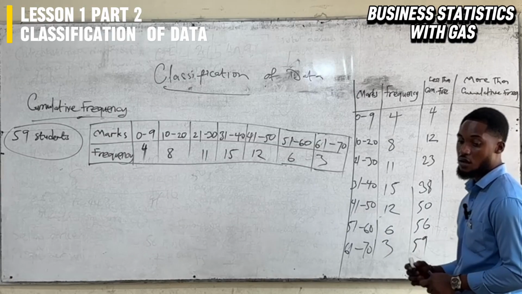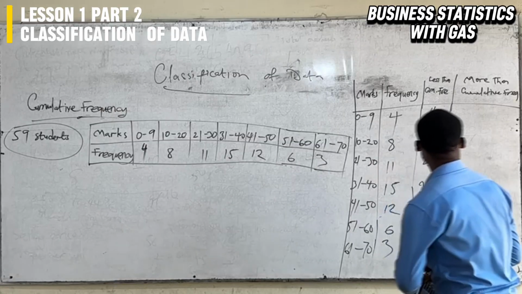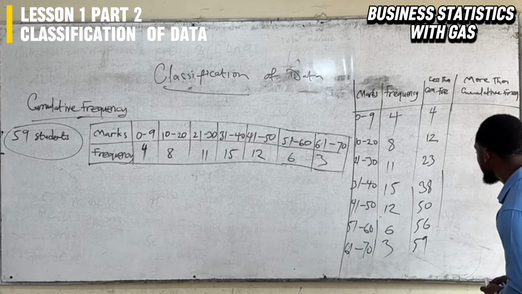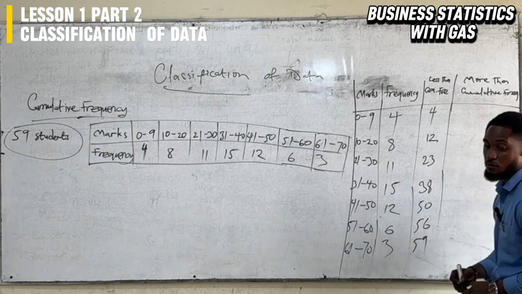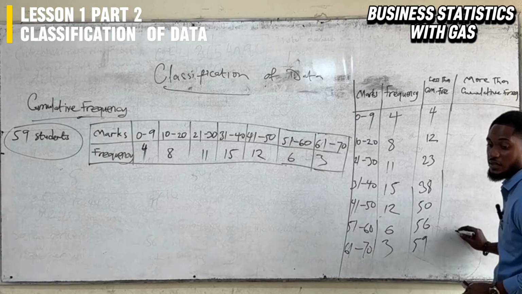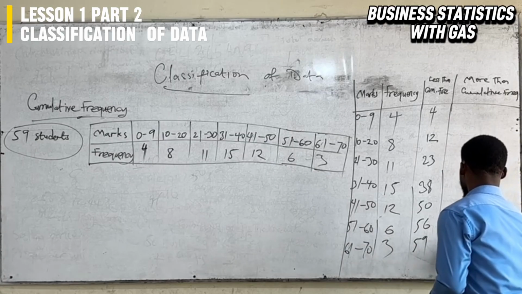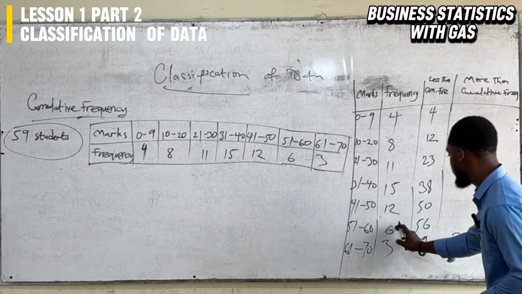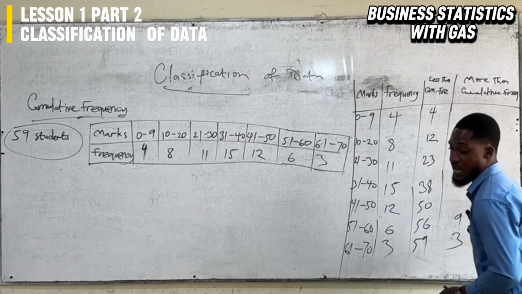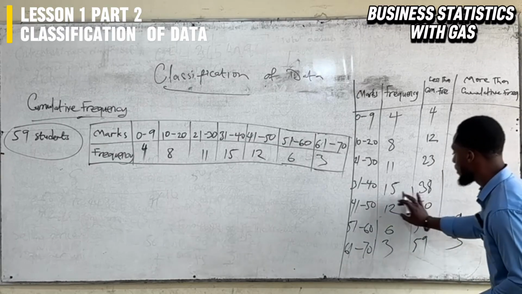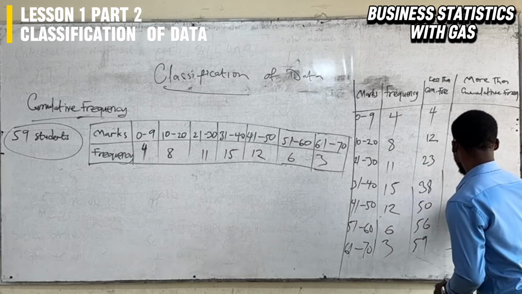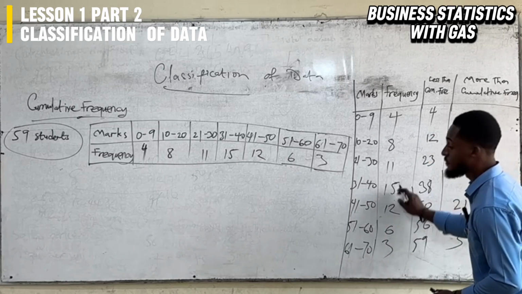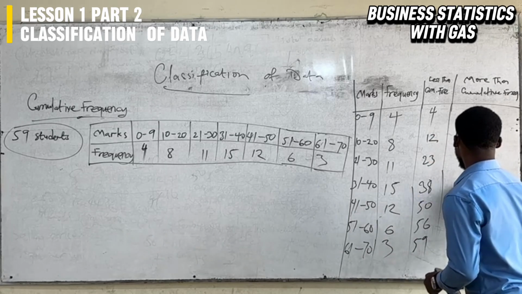Now let's do the same for the more than cumulative frequency, but we are starting from the bottom. So the 3 here becomes constant. You add the 3 to the 6, making 9. Then you add the 9 to the 12, making 21. You add the 21 to the 15 here, making 36.